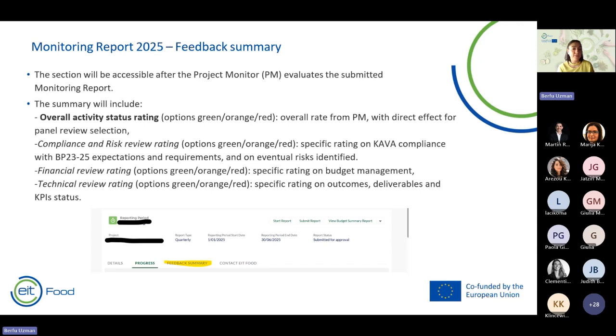That will be a specific rating on KAVA compliance with the business plan expectations and requirements and on eventual risks identified. Another component will be the financial review rating. That will be the place where a specific rating on budget management will be given. And technical review rating, that will be the part where a specific rating on outcomes, deliverables, and KPI status will be given by the project monitors.